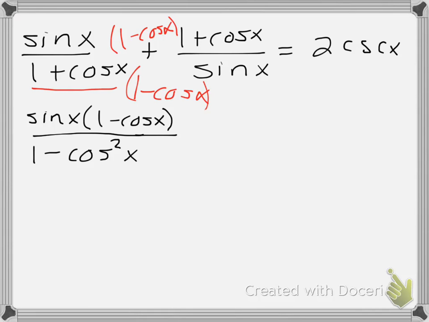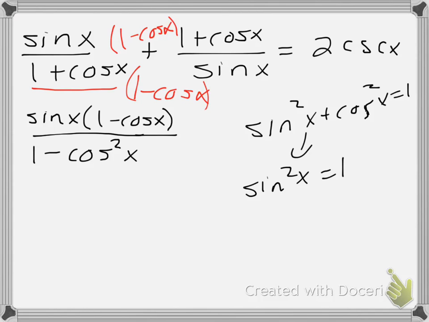While using my identities, from our identity sine squared of x plus cosine squared of x equals 1, I can take from this that sine squared of x is equal to 1 minus cosine squared of x if I subtract cosine squared of x from each side.